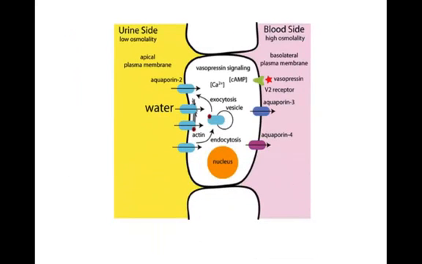This hormone receptor interaction causes a series of transduction cascades, leading to insertion of aquaporin 2 into the luminal membrane. This allows the water molecules to cross it and then pass through aquaporin 3 and 4 located in the basolateral membrane of the principal cells.